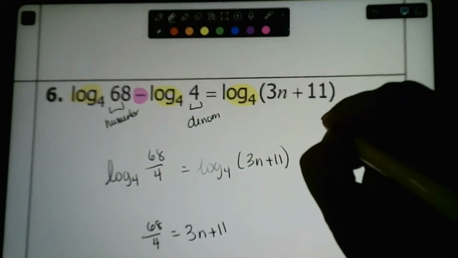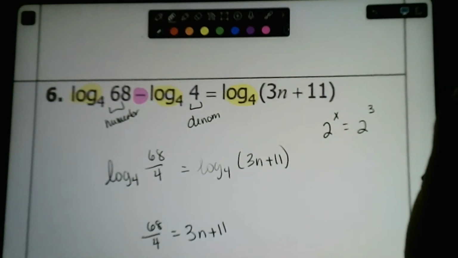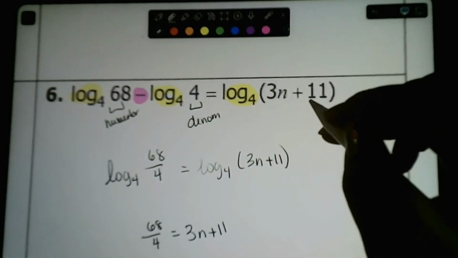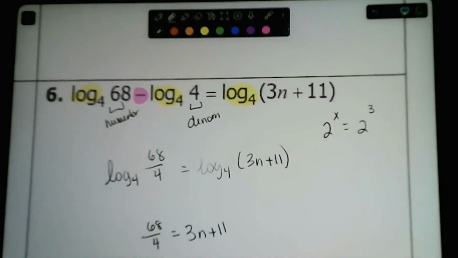It's like if I had something like 2 to some variable equals 2 to the third. Well, obviously the exponents have to be equal, otherwise those things aren't equal. Same idea here. If the logarithms are equal, then the stuff you're taking the logarithm of has to be equal to each other. That's that one.